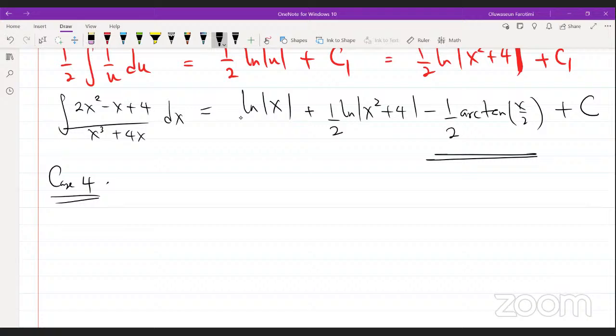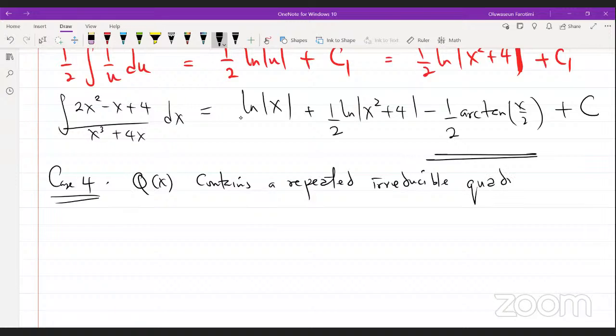So for case 4, the question is, what if you have a quadratic that is repeated and irreducible? What happens? Case 4 is when Q of x contains a repeated irreducible quadratic factor.